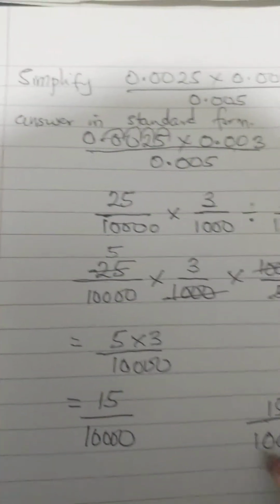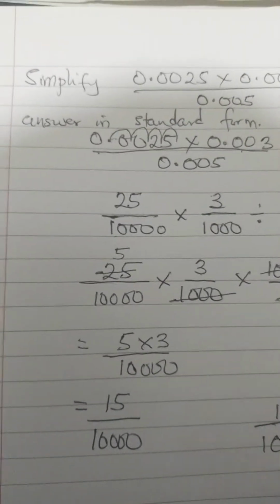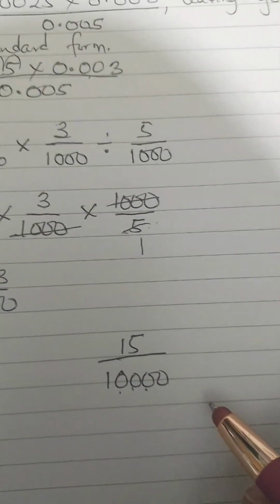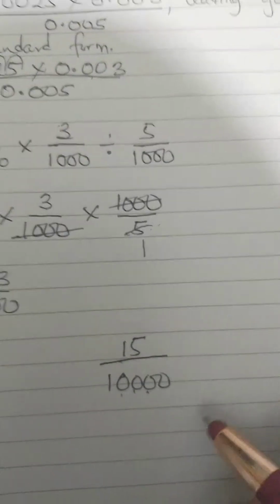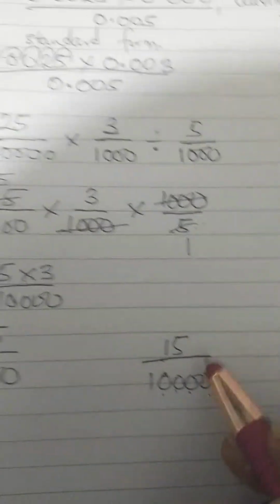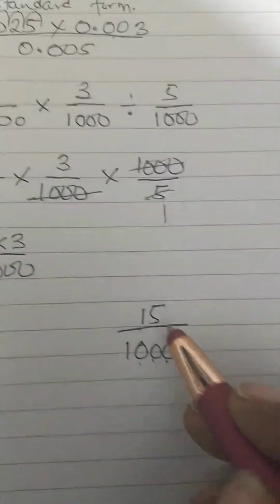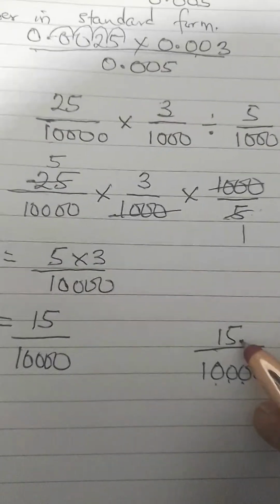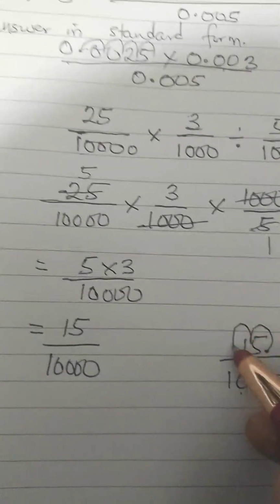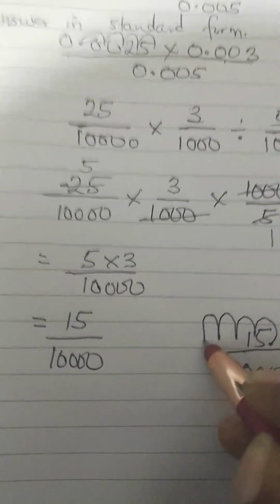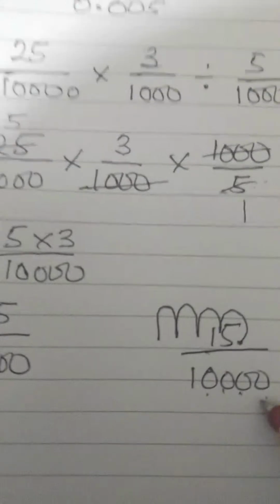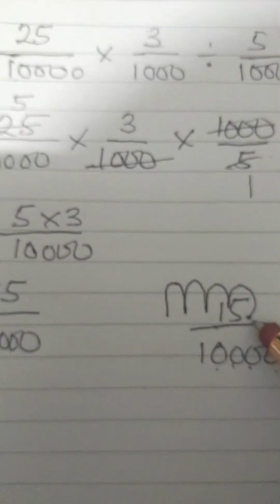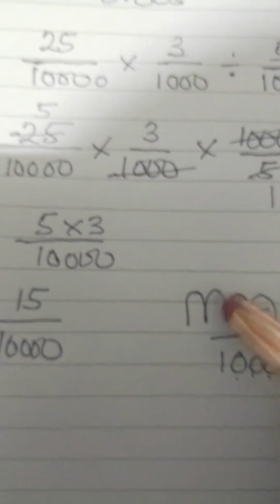So here, because we are dividing by 10,000, we'll be shifting the point backward depending on the number of zeros that we have here. Right, so here the 15, the decimal point is here, so we shift it 1, 2, 3, 4. Because we have 4 zeros, you shift the decimal point 4 times backwards.